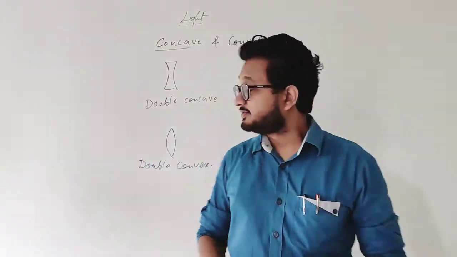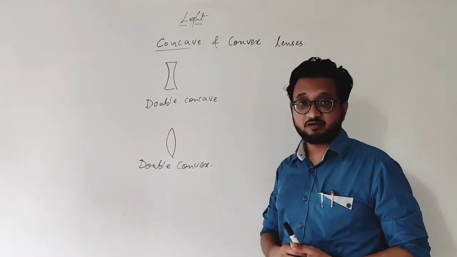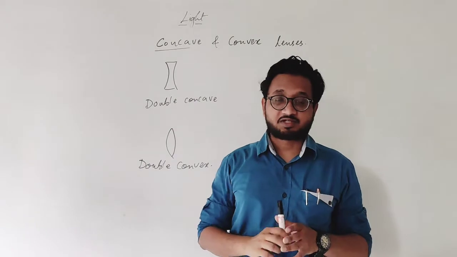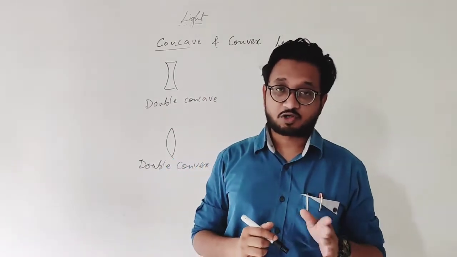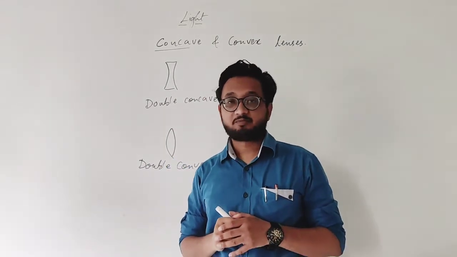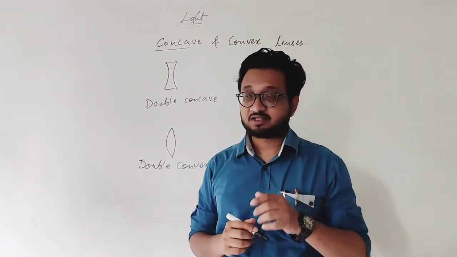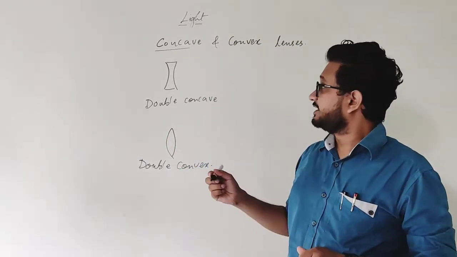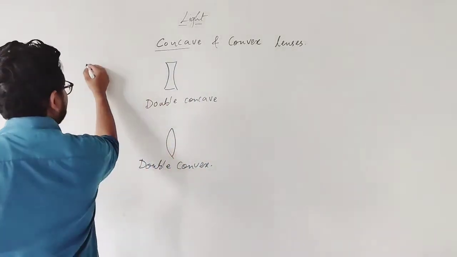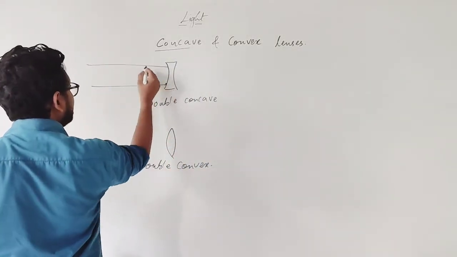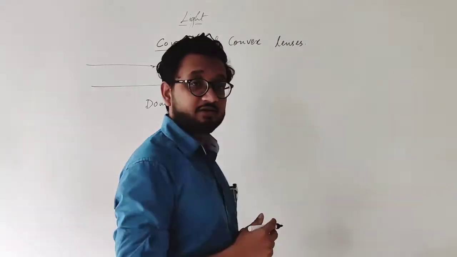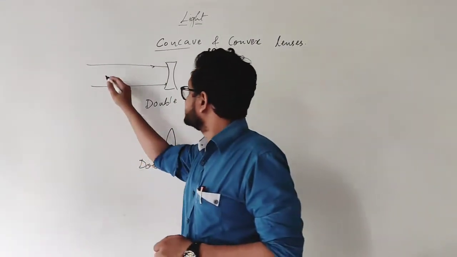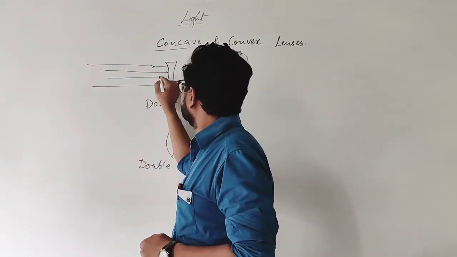Now obviously these lenses have similarities with the mirrors. Okay? The types of mirror that we studied, that is concave and convex mirror. But there are a few differences. For example, in concave lens, this time, imagine a beam of light parallel and approaching towards the lens. That is our concave lens.